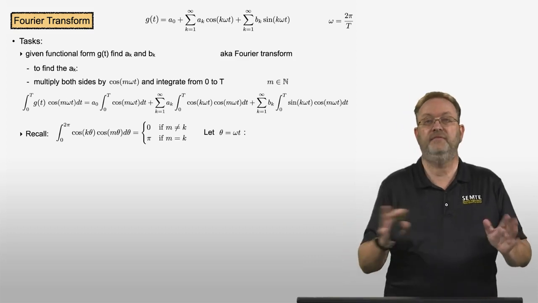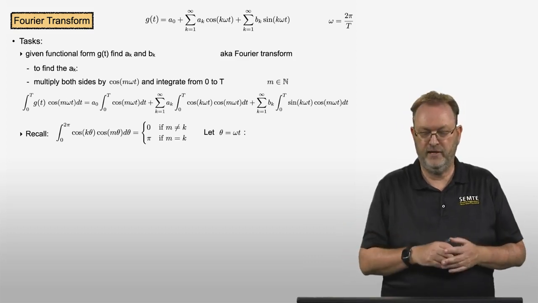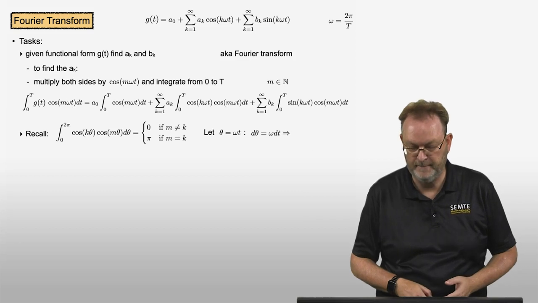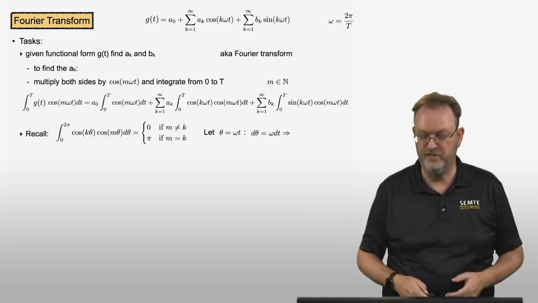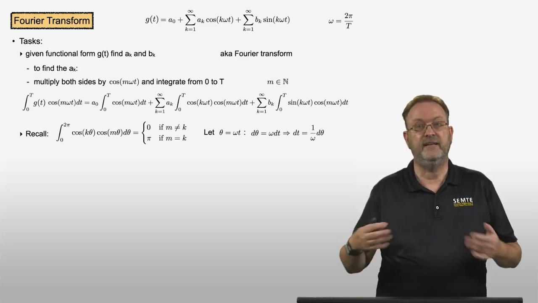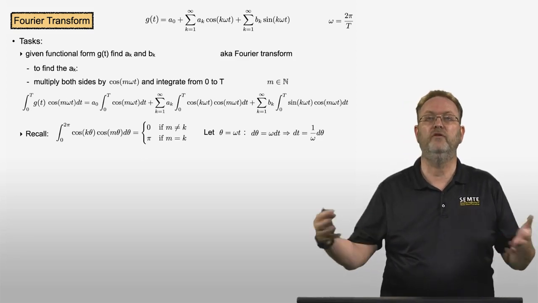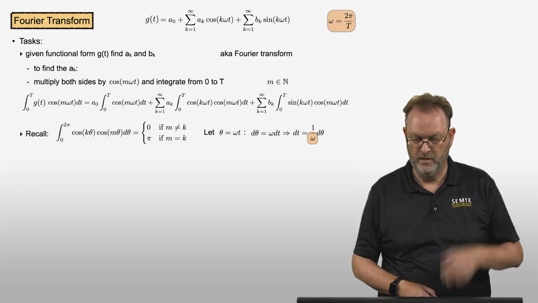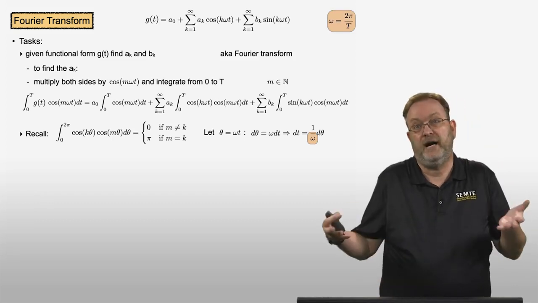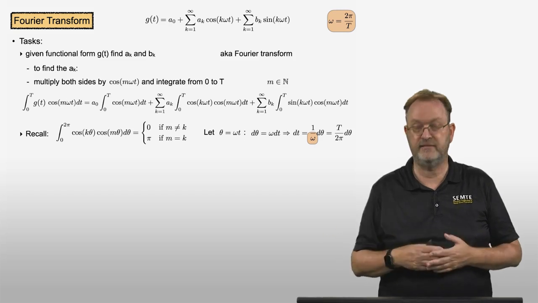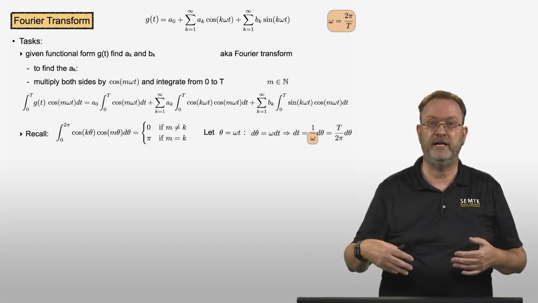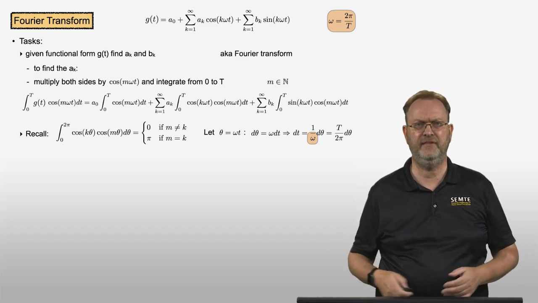Now let theta be, in this formula, omega times t. That means d theta is equal to omega times dt, so dt is equal to 1 over omega d theta. And my omega was 2 pi over the period, so my dt is the fundamental period divided by 2 pi times d theta.